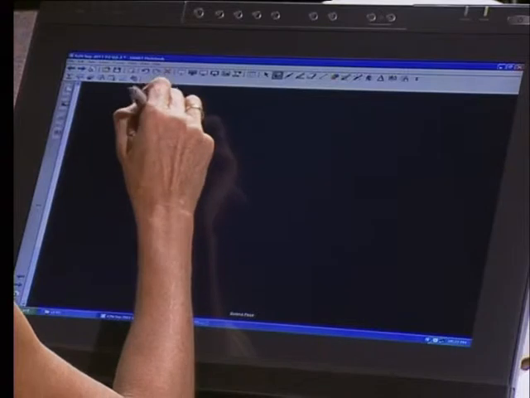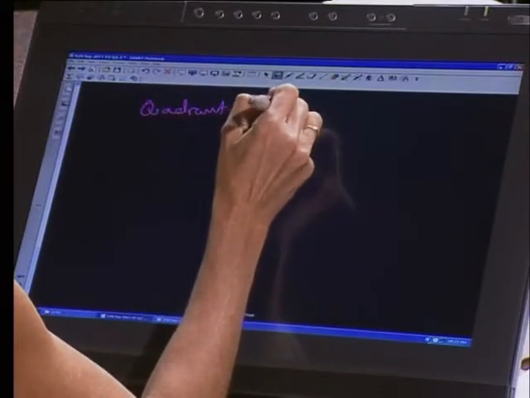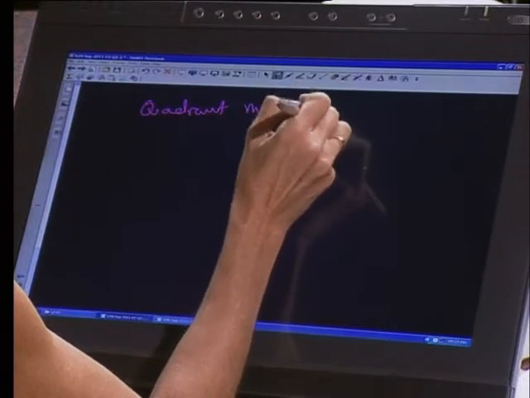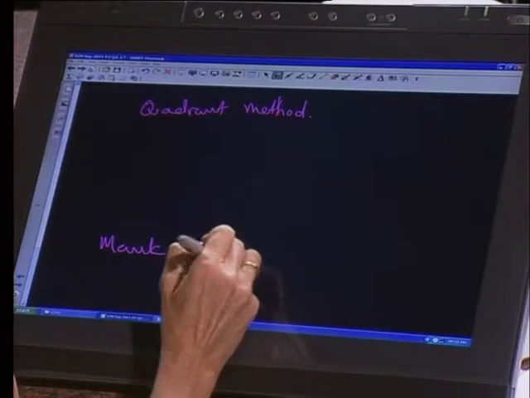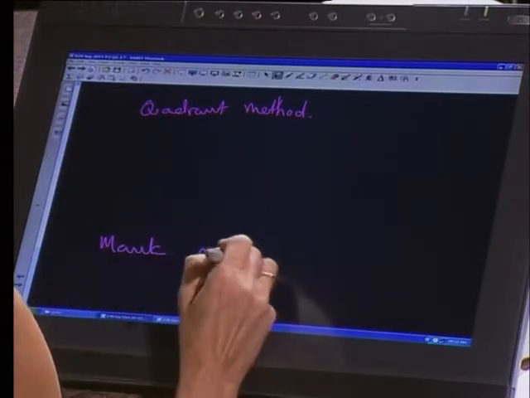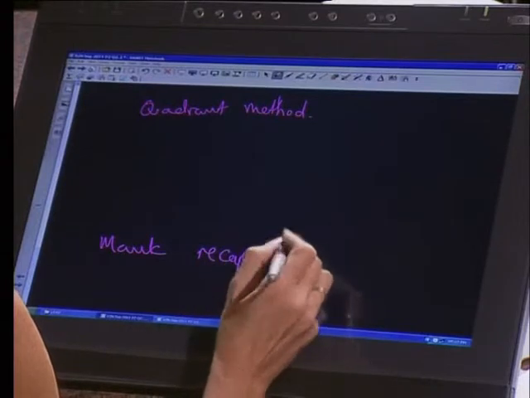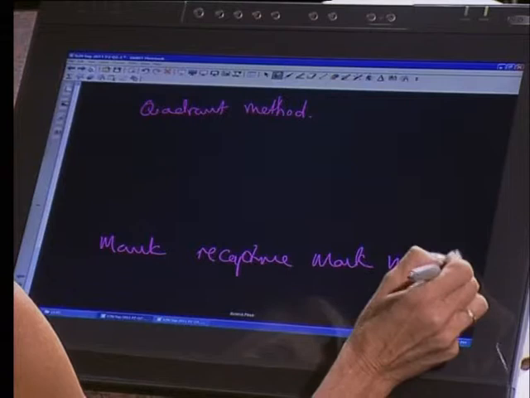Okay. We're going to do the quadrant method, and we're going to do the mark recapture method. Okay, you've got to know both of these.